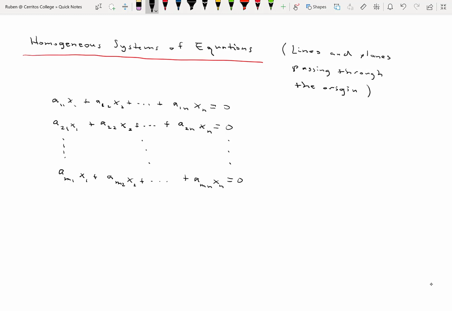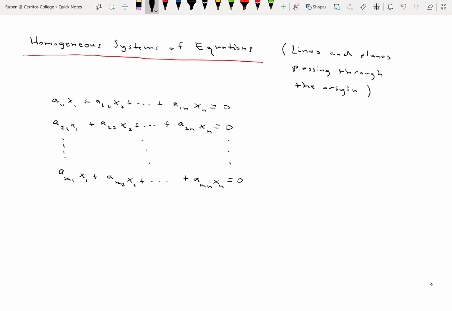That corresponds to the origin. Such systems are called homogeneous systems, and they're very, very important in our work. Homogeneous systems of equations are where the constants are zero, and they can be viewed as planes or lines that pass through the origin, that contain the origin.